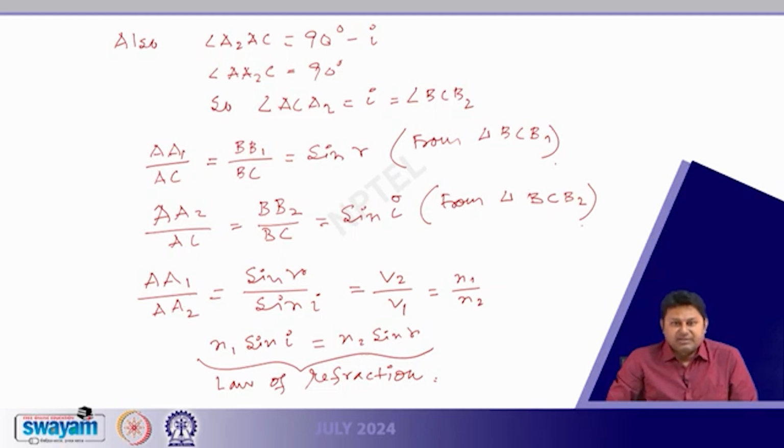Further, in the next class I will try to introduce two different kinds of diffraction phenomena. One is called Fraunhofer diffraction and another is called Fresnel diffraction. In Fraunhofer diffraction, the source point is at infinity, and the screen will also be placed at infinity.